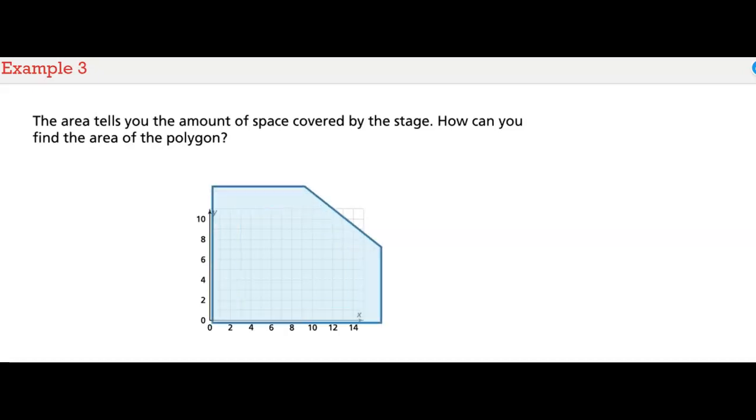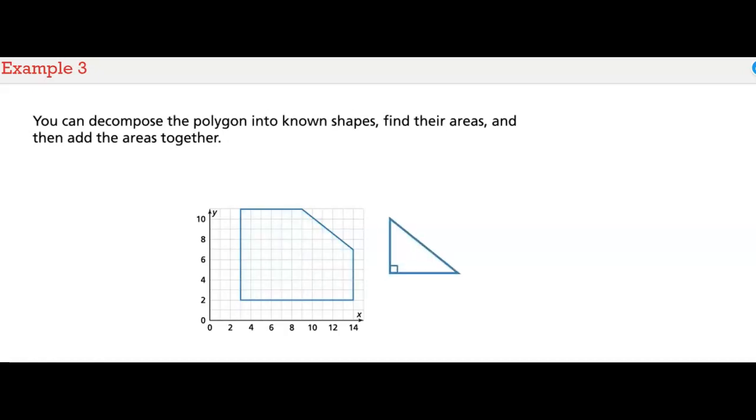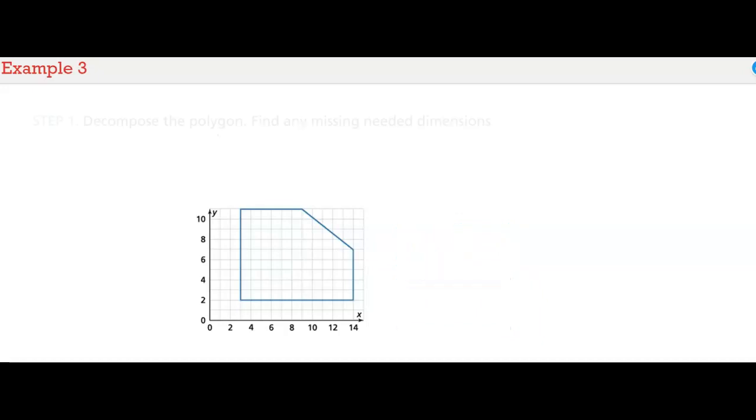How can you find the area of the polygon? You can decompose the polygon into known shapes, find their areas, and then add the areas together. Step 1. Decompose the polygon. Find any missing needed dimensions.